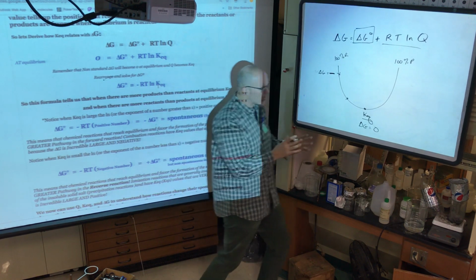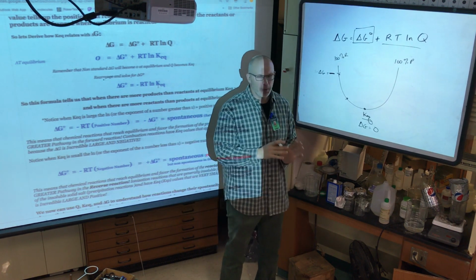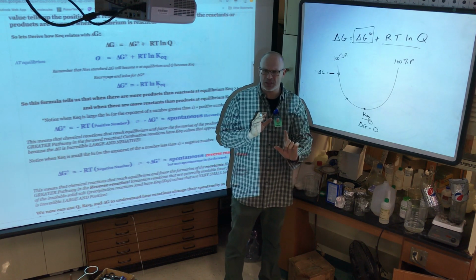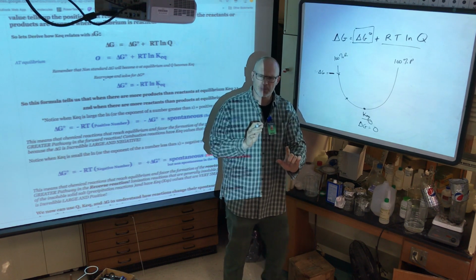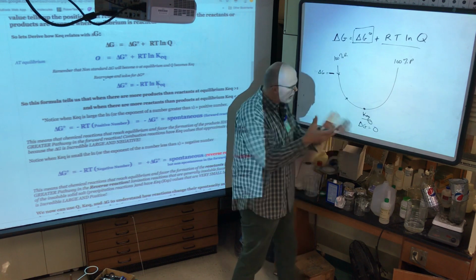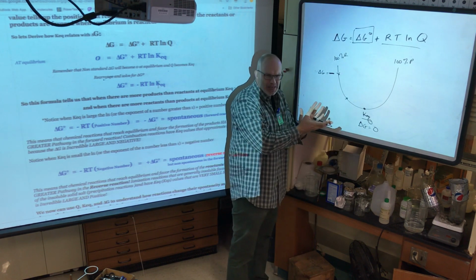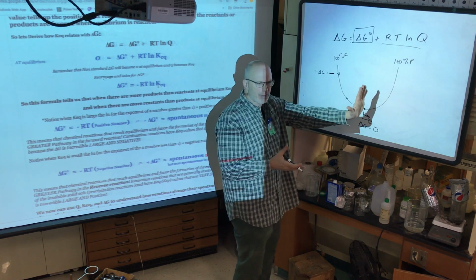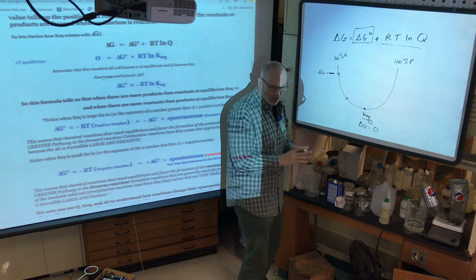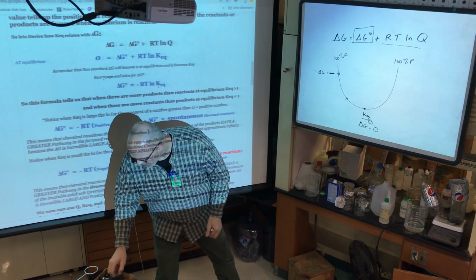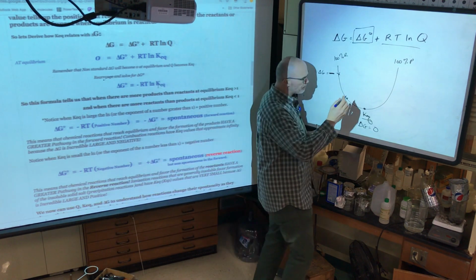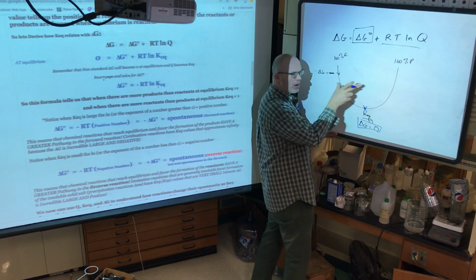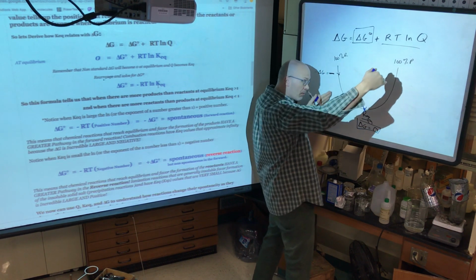So very important. So what is equilibrium? Equilibrium is a position that the universe allows, considering the spontaneity of the forward and the reverse. Now I put K equilibrium kind of in the middle. Equilibrium is never going to be 50% reactants and products. They're going to favor one way or the other. So in general, what equilibrium is, and I'll explain, is a position where delta G of the entire process, forward and reverse, go to 0.